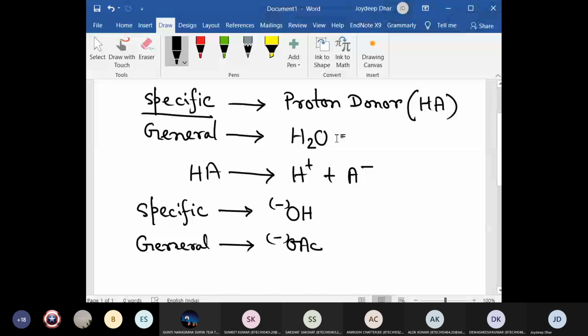Hydrolysis of ester is a common reaction in organic chemistry.